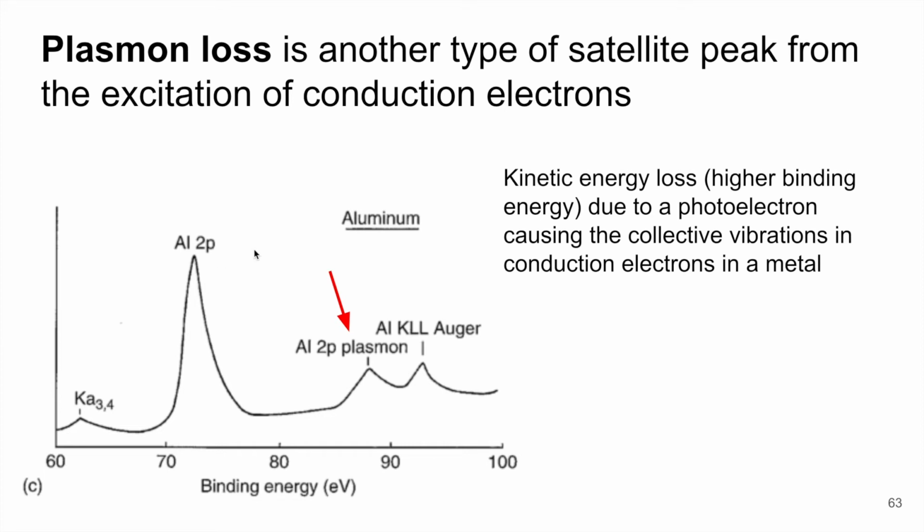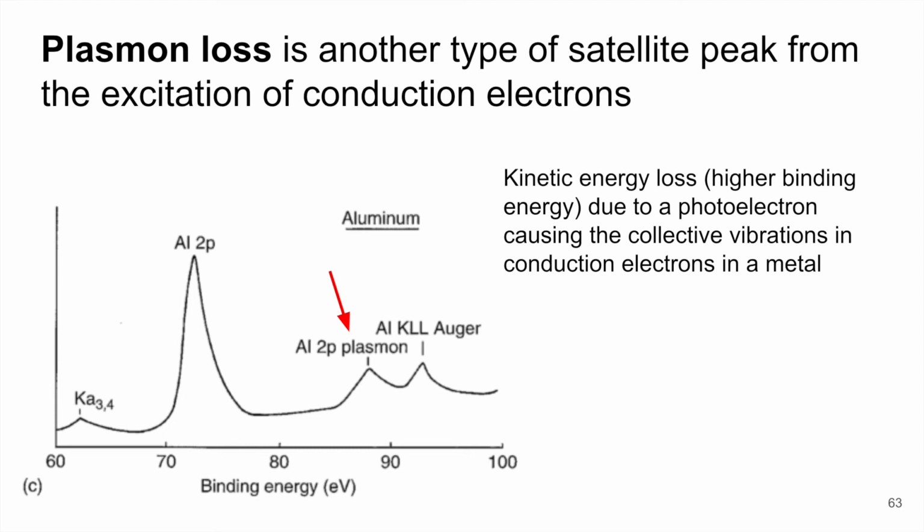kinetic energy loss. Therefore, that means that if there's loss in kinetic energy, that means a higher binding energy. And so that's, again, here at the higher values from this 72 or so, this is a higher value there because those photoelectrons are basically causing vibration of the conduction electrons.